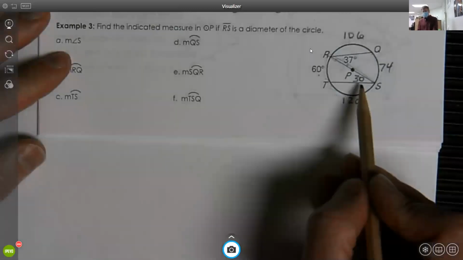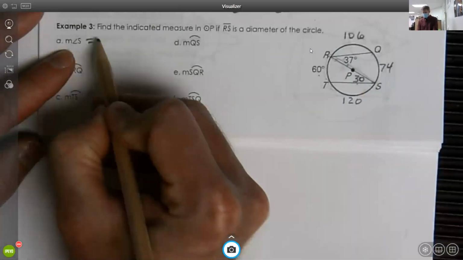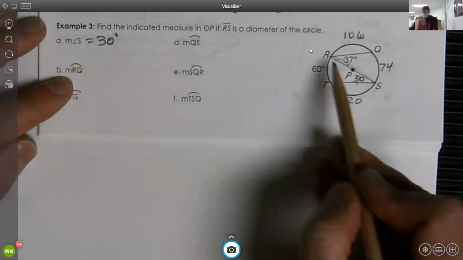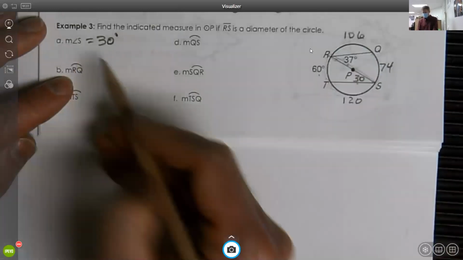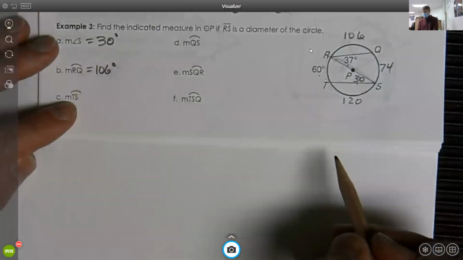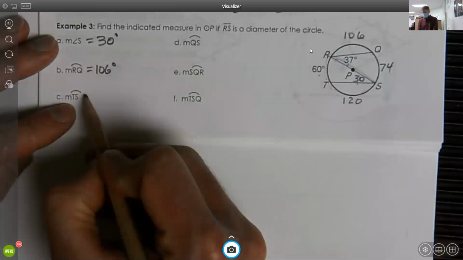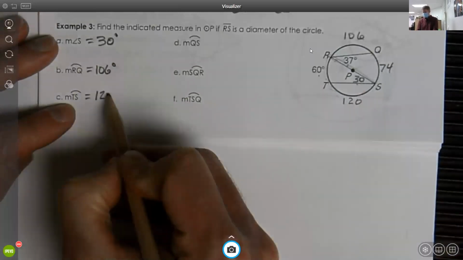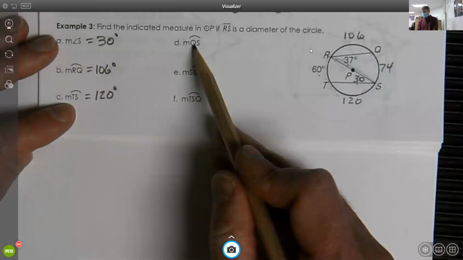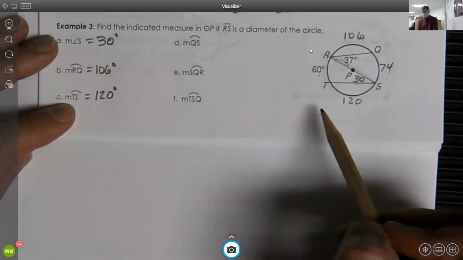So S now we see is 30. And RQ, we've come up to be 106. TS was 120. QS is going to be double the 37.